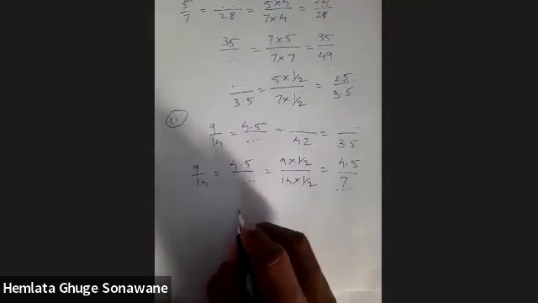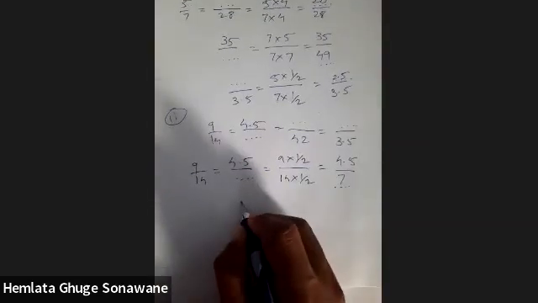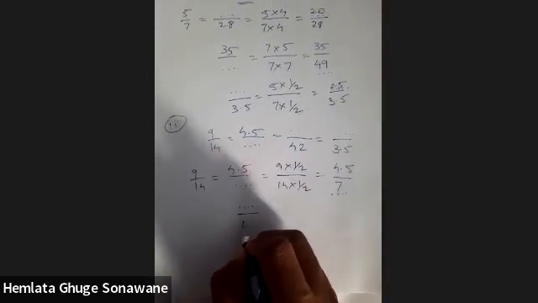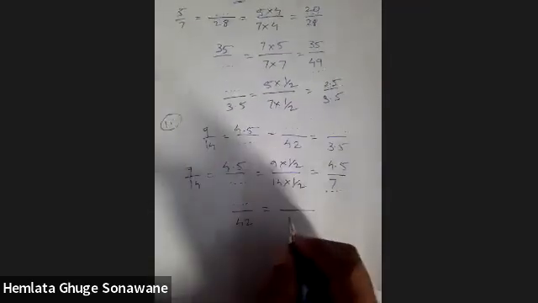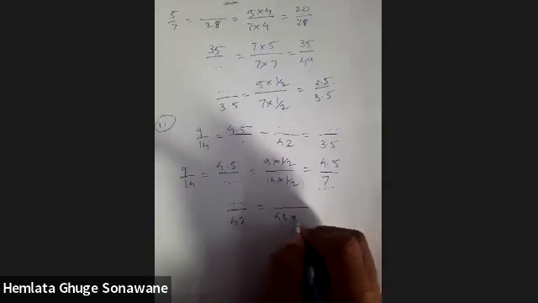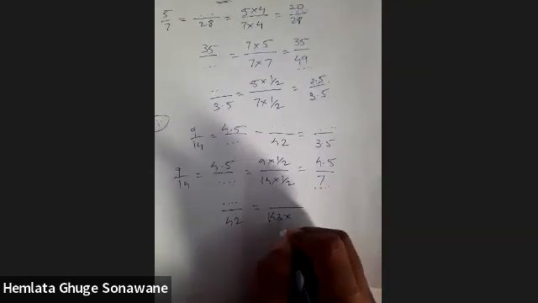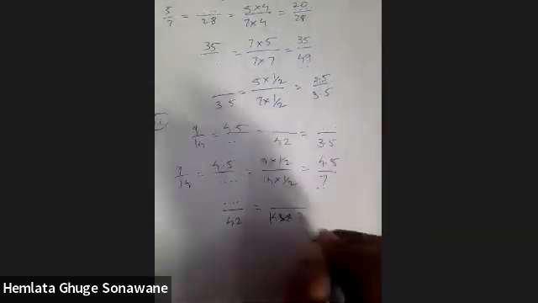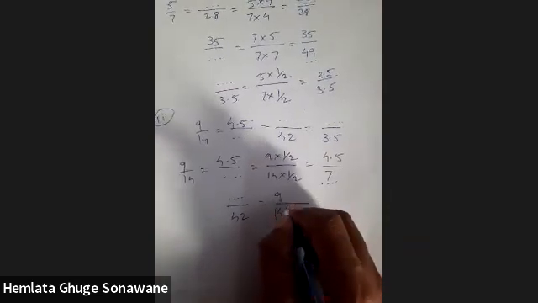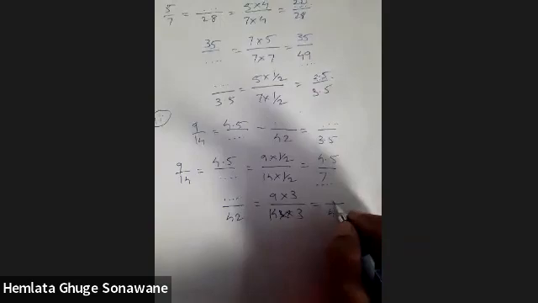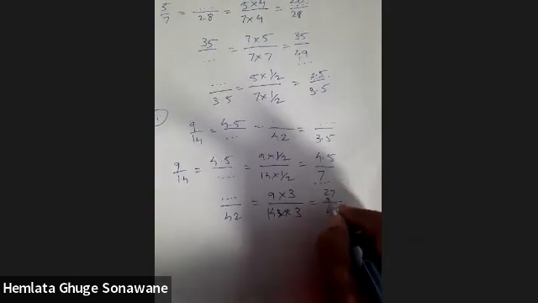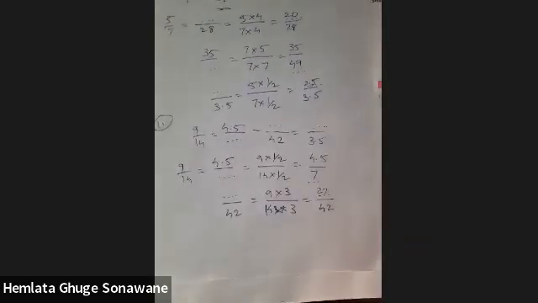Next is fill in the blank upon 42. Now we have to split with 14. 14 threes are 42. So we'll multiply 9 with 3. 9 threes are 27. This is our next fill in the blank.